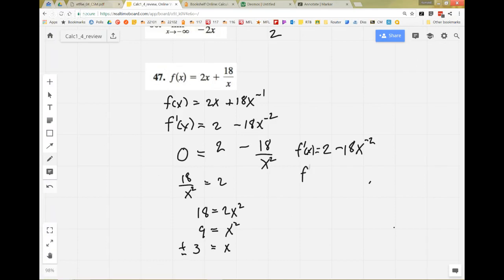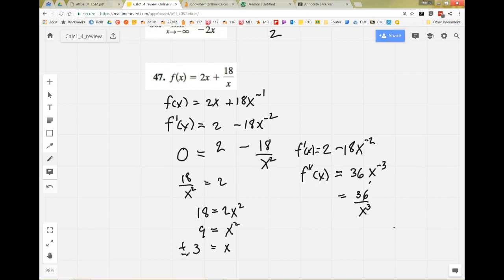Second derivative. Well, the constant gives nothing. Power rule: negative 18 times negative 2 is positive 36. Reduce the power by 1. So we get 36 over x cubed, and that's our second derivative.